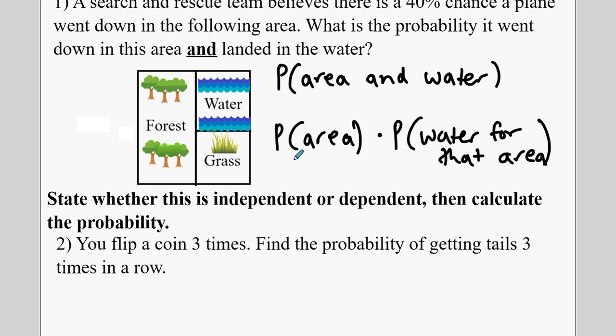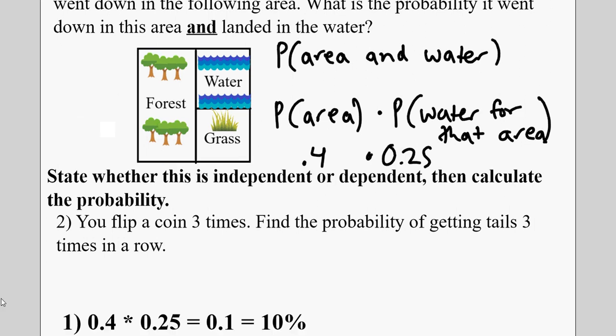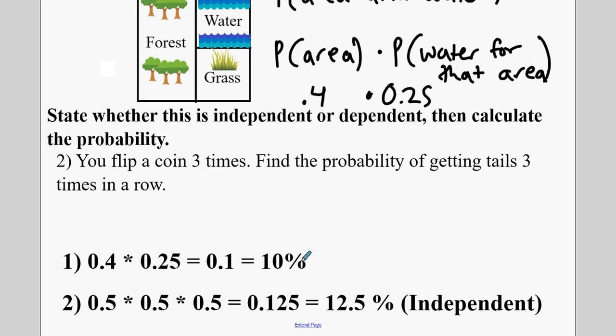They told you the probability of going down in that area is 40%, so this would be 0.4 times the likelihood of going into the water. Once you're in this area, there's a 25% chance, because a quarter of that area is water, so 40% times 25% turns out to be 10%.